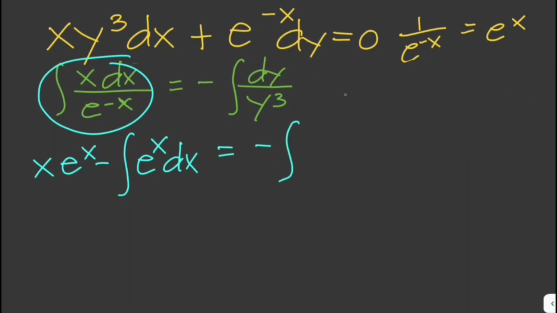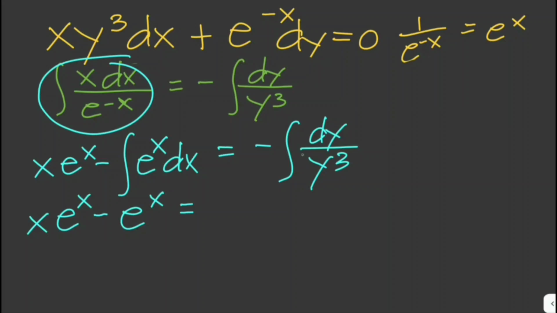Equals the negative of the integral of dy over y cubed. And we know that the integral of e to the x dx is just equal to e to the x. Therefore, this is just equal to x e to the x minus e to the x equals negative the integral of, we can rewrite 1 over y cubed as y to the negative 3 dy, and then we integrate that.